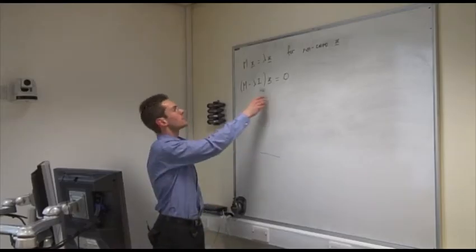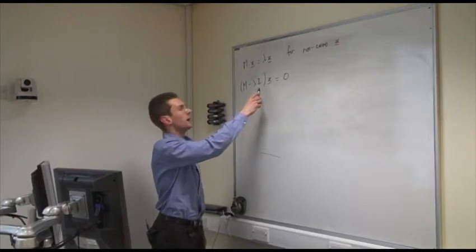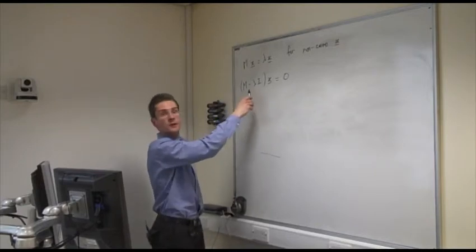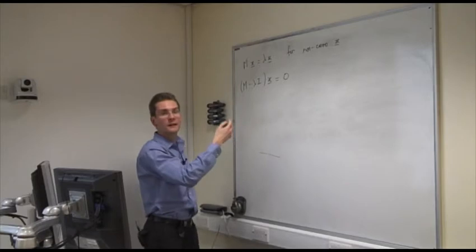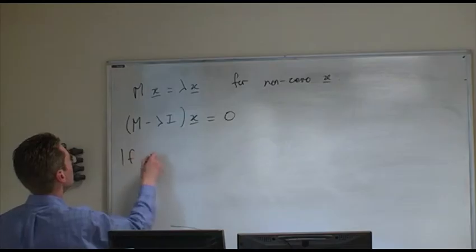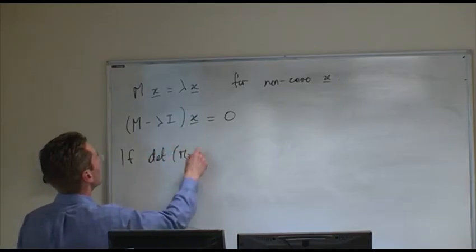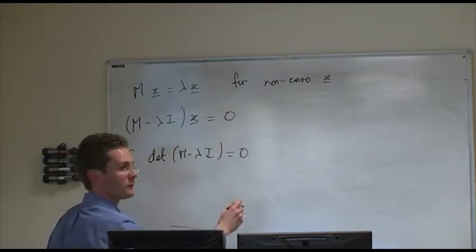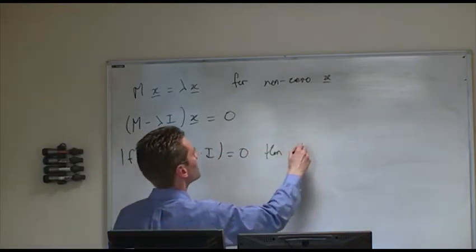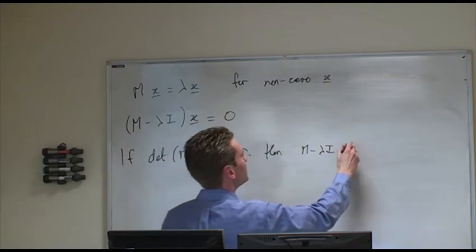So if we wish to solve this equation and find an interesting solution x, the determinant of M − λI has to be 0. That turns out to be enough. If the determinant of M − λI is equal to 0, then the matrix M − λI is singular.